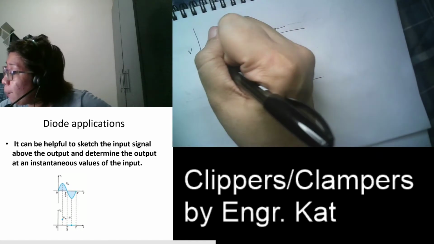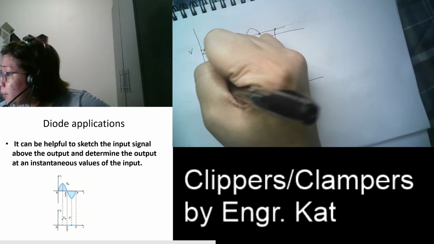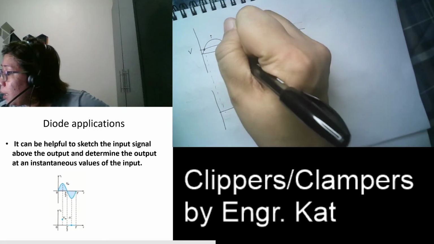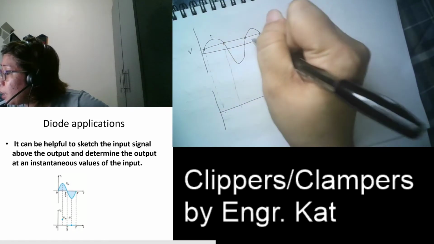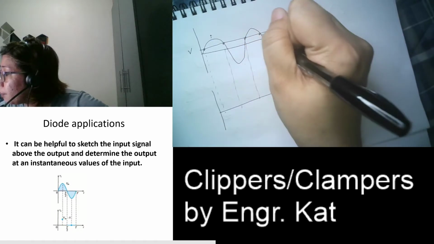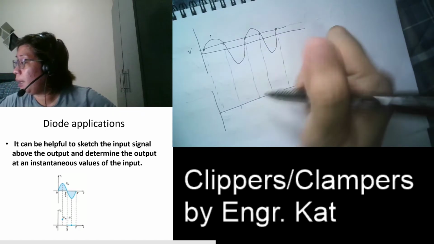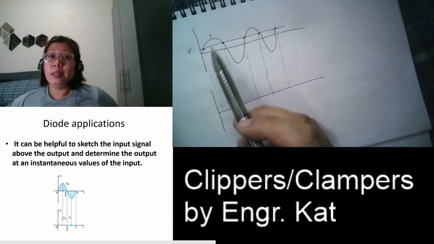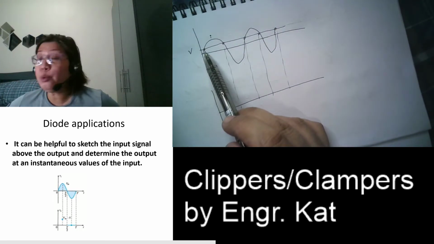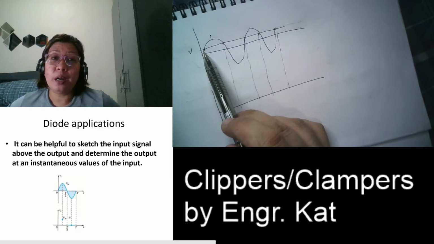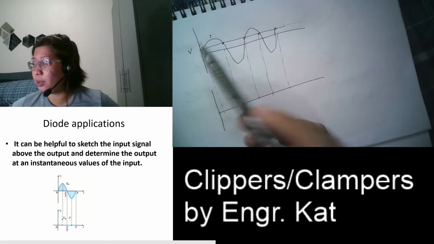Okay? So if we project that downward, these are our transition voltage. Okay. So, these values here from 0 to V are less than your transition voltage.